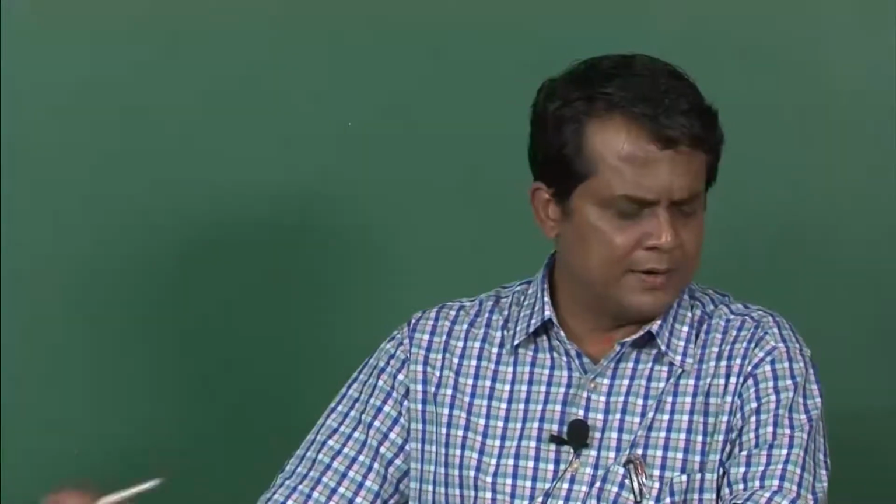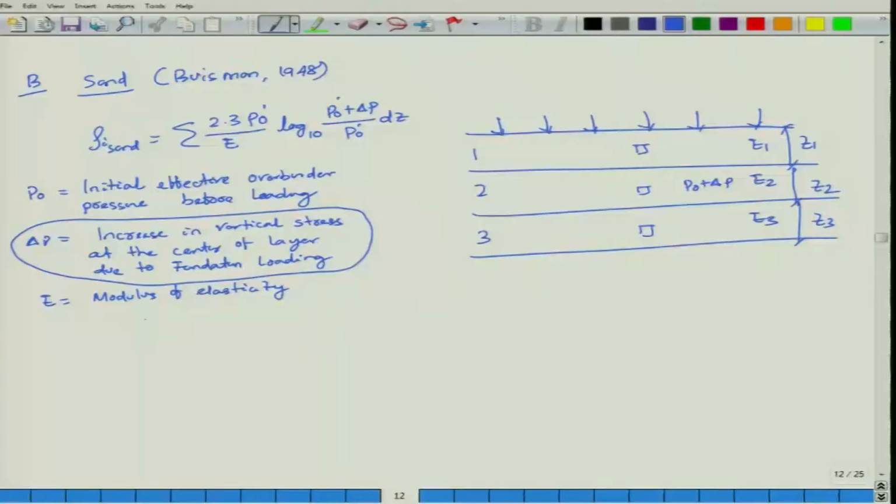From there you can find delta P, the increase in vertical stress, and the modulus of elasticity E for sand. E for sand is given as E equal to C1 plus C2 N, in kg per cm squared. For different soil types, the values have been given.